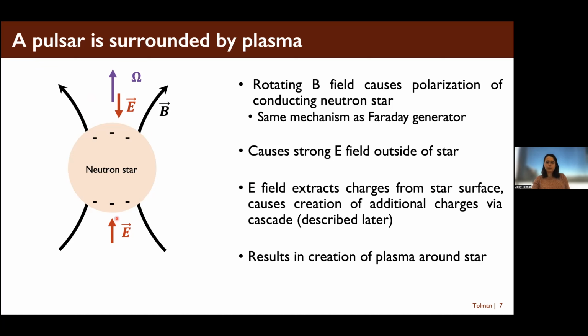This is the same mechanism as in a Faraday generator, if you're familiar with that. So you'll get a buildup of charges on the poles of the neutron star. This polarization will cause a strong electric field outside of the star, which you see in red. This electric field will extract charges from the star surface, and these primary charges will cause the creation of additional charges via a cascade, which we'll describe later. This results in the creation of a plasma around the star.